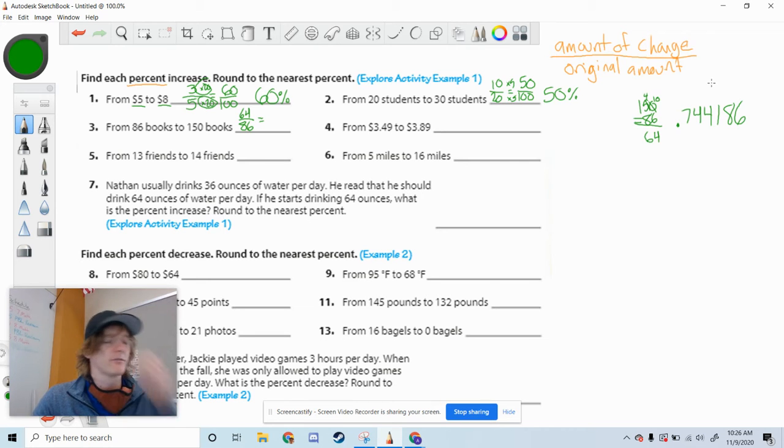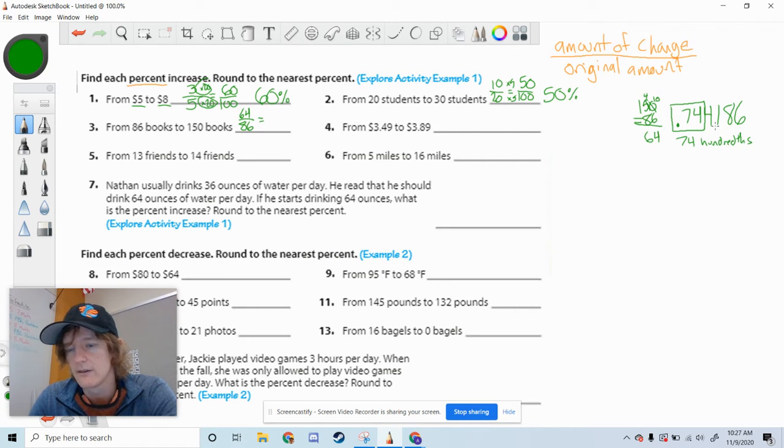If you remember in the last section, we wrote decimals as percents, and what we had to do is take these first 2 digits. This is 74 hundredths, so this is 74%. You will have to double check this digit right here, because if this is 5 or larger, this would actually be 75%. But in this case, that's not what it is.